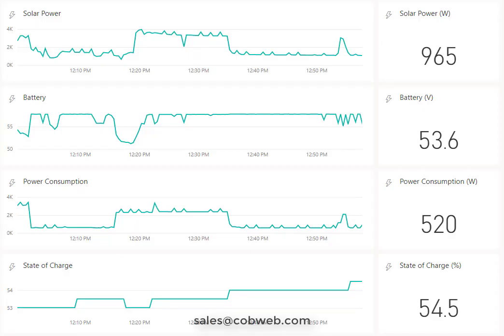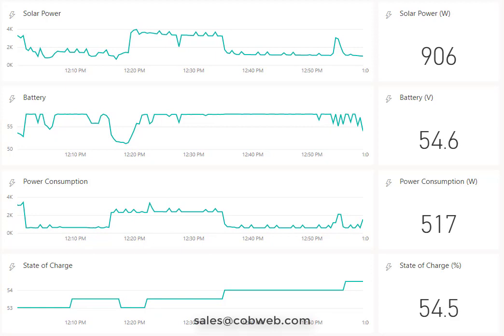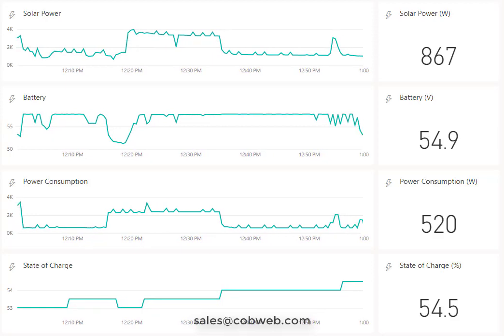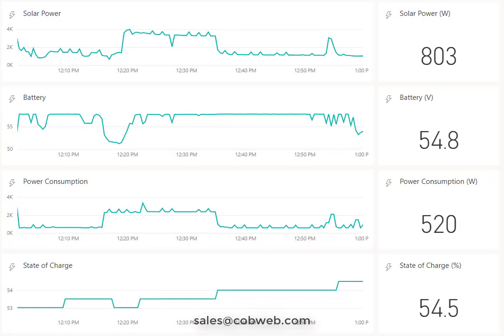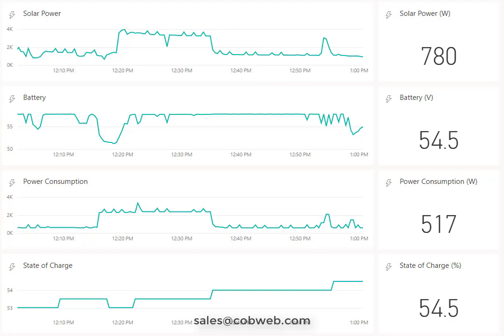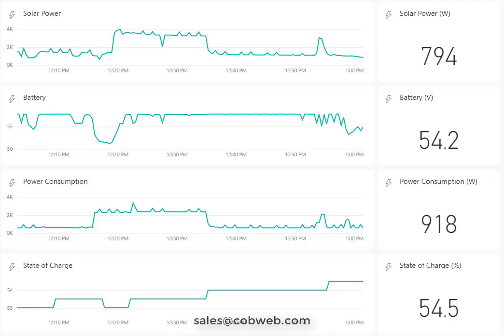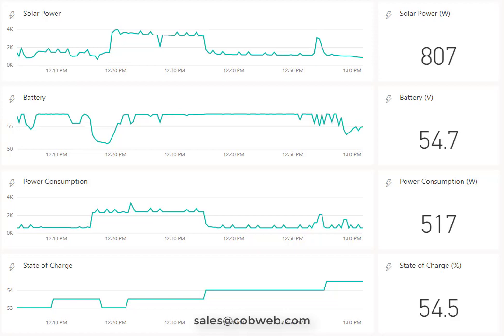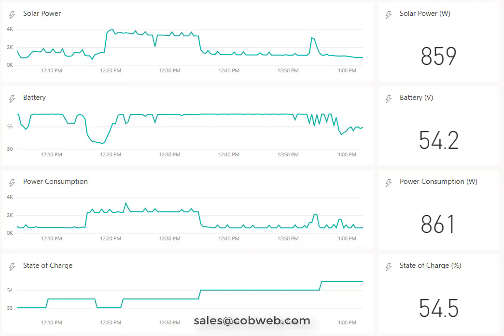And now what we can see on the screen is the first part of our solution, the real-time dashboards. Now, I'll be the first to admit that the visuals available to real-time dashboards aren't the most aesthetically pleasing. There are very few visuals to choose from as well. But what we've done is we have four measures: solar power, battery, power consumption, and state of charge.